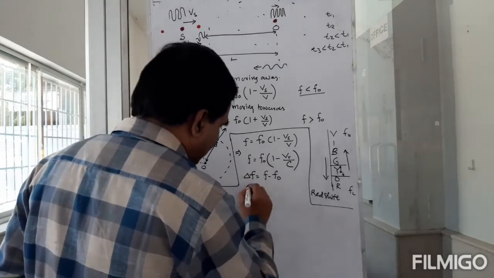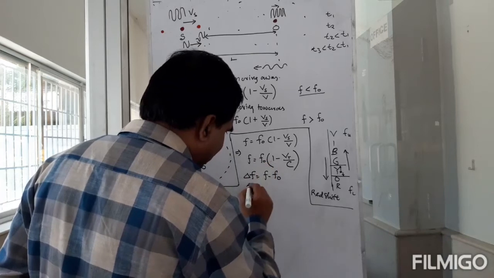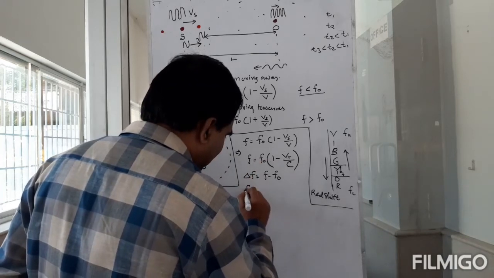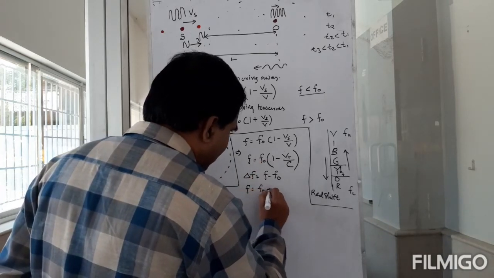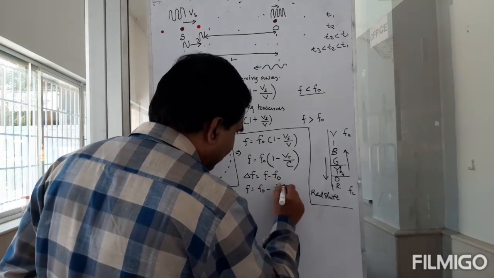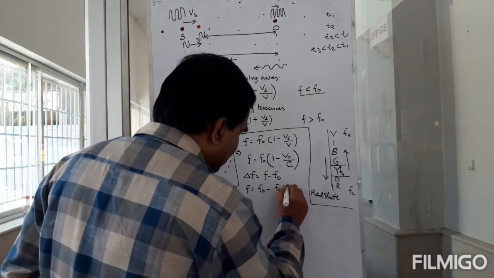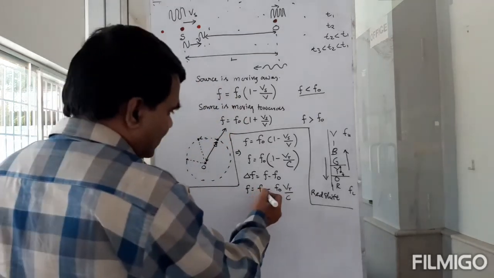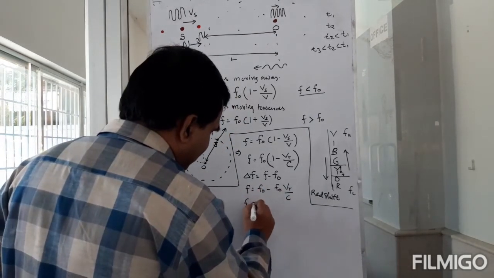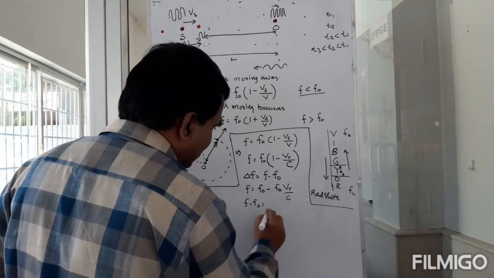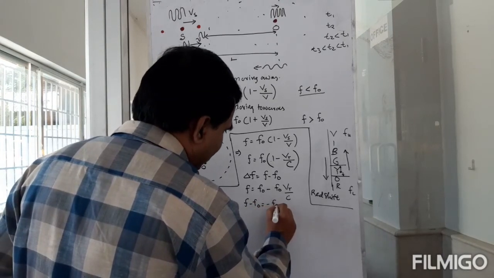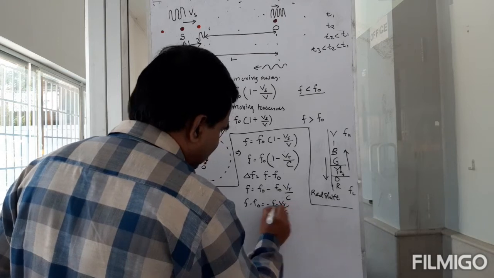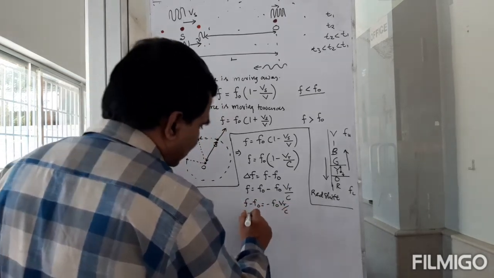Let me do it here. So if I expand this, f is equal to f naught minus f naught VR by C. Let me bring it here. So f minus f naught is equal to minus f naught VR by C. But what is this f minus f naught?